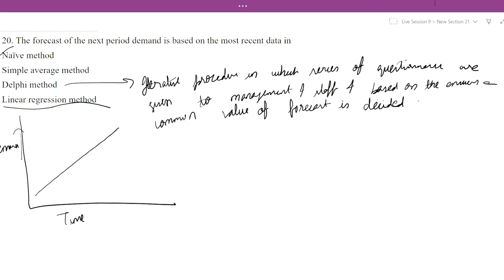This is the time. Now, suppose this was the demand at this time. Let us consider it as yi. After some time, the demand is this.